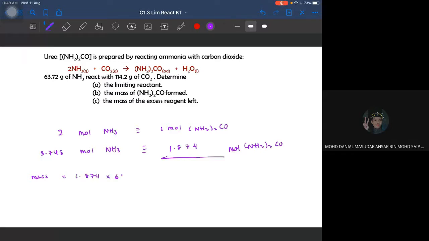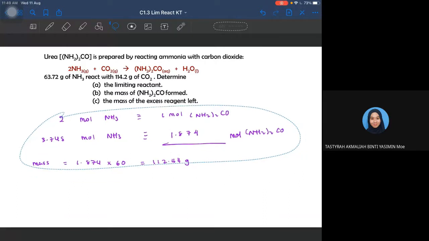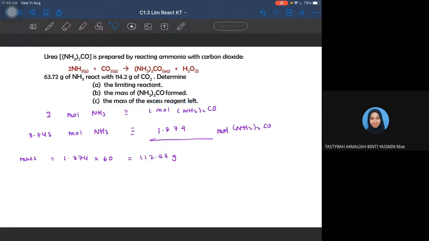Times 60. Got the mass? Got it. Alright, so your answer will be 112.44 gram.